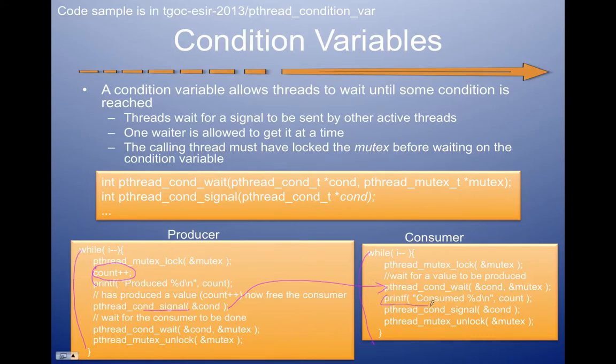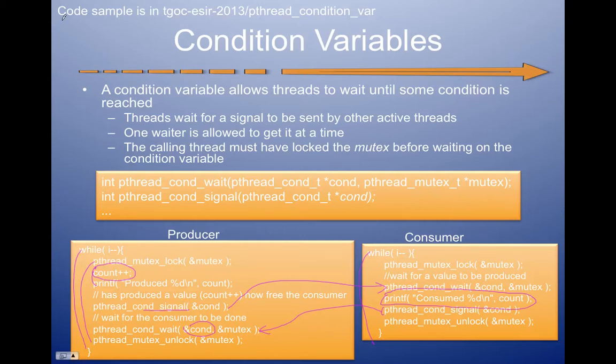It consumes a value, that means in here printing the count value, and then it sends a signal to the producer that was waiting for this conditional variable. One of the particularities of these conditional variables is that they have to be in a lock-unlock mutex section.